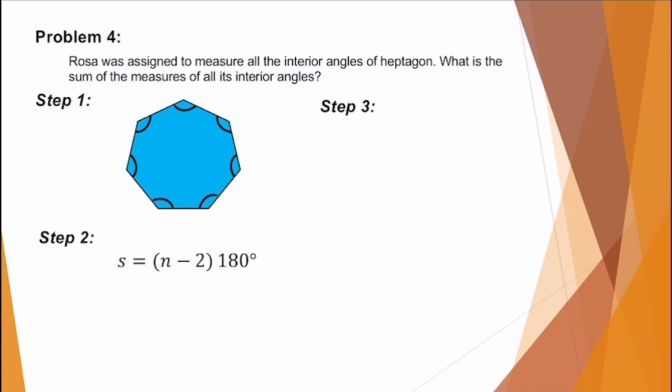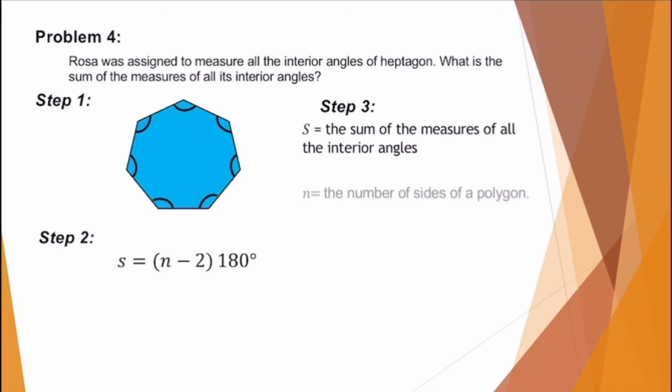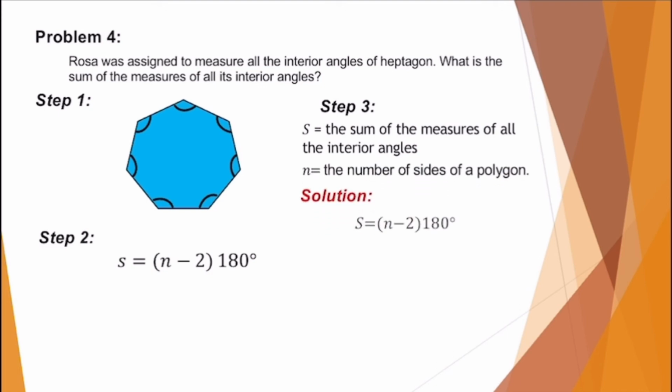And for our step 3, for our solution, let S be the sum of the measures of all the interior angles and N be the number of sides of a polygon. So by applying the formula of the sum of the measures of all the interior angles, S is equal to N minus 2 times 180 degrees. So let's substitute the value of N, which is 7, because the given polygon in our problem is a heptagon.